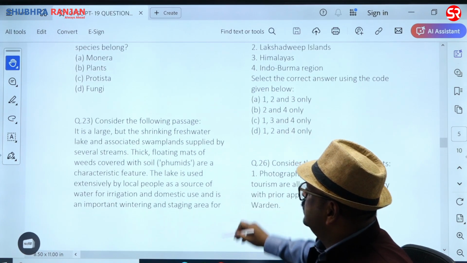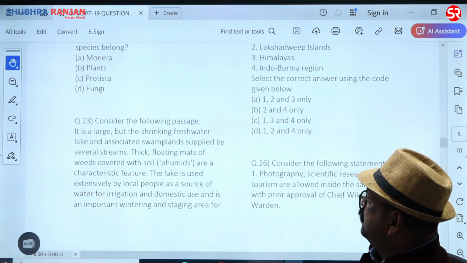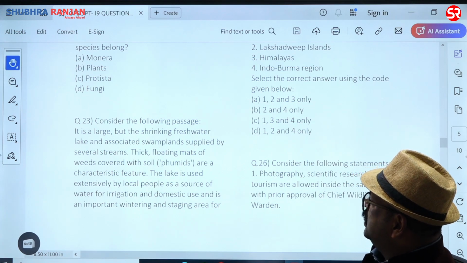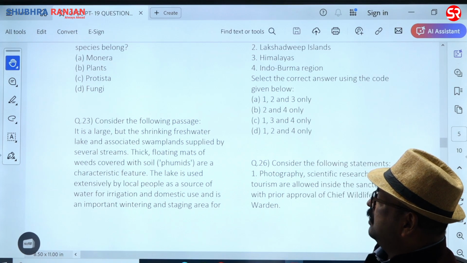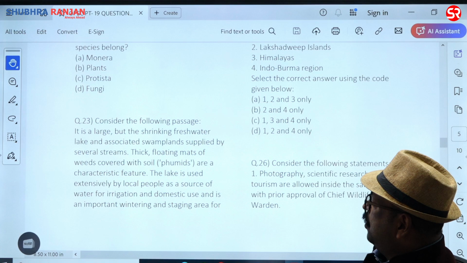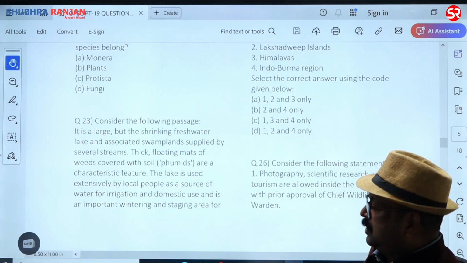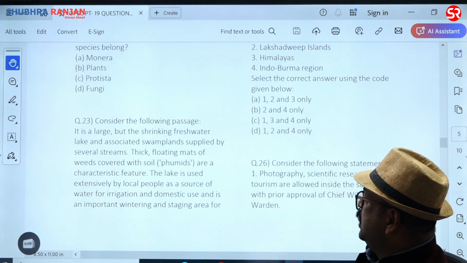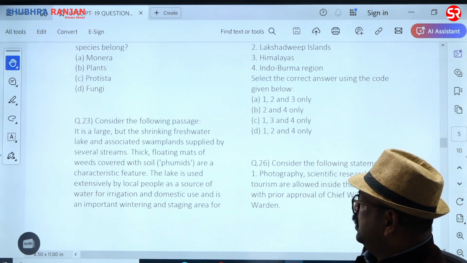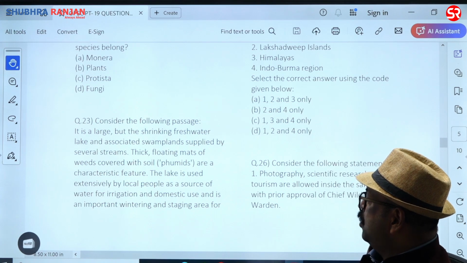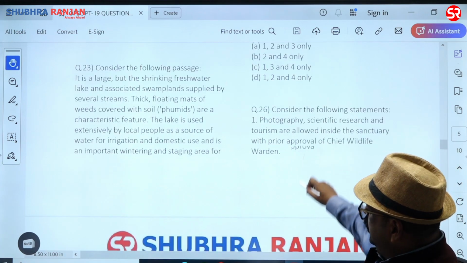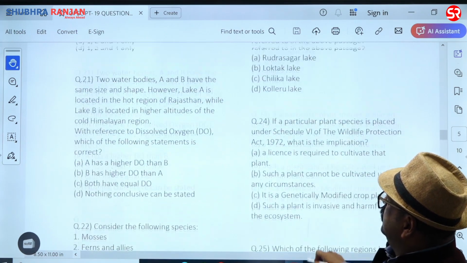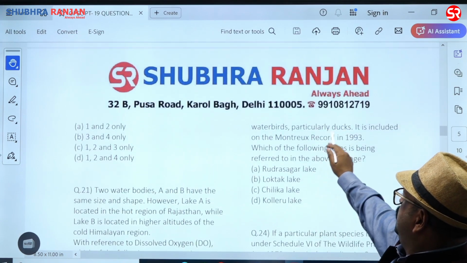Consider the following passage. It is a large but shrinking freshwater lake and associated swampland supplied by several streams. Thick floating mats of weed covered with soil, phumdis, are a characteristic feature. The lake is used extensively by local people as a source of water for irrigation and domestic use, and it is an important wintering and staging area for water birds, particularly duck.